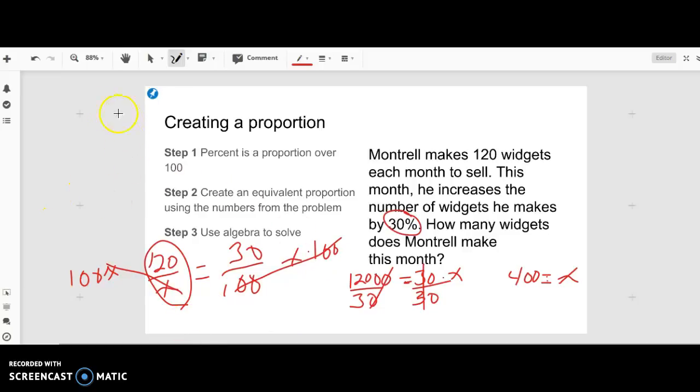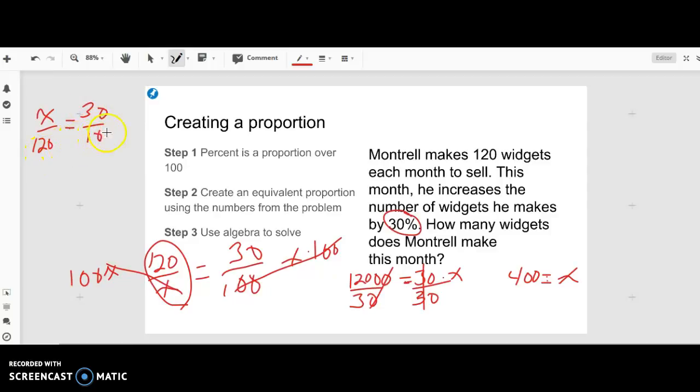So I'm going to go back here where I made this original proportion, and I must have done it upside down. So x over 120. Erase those and write it again. x over 120 equals 30 over 100.